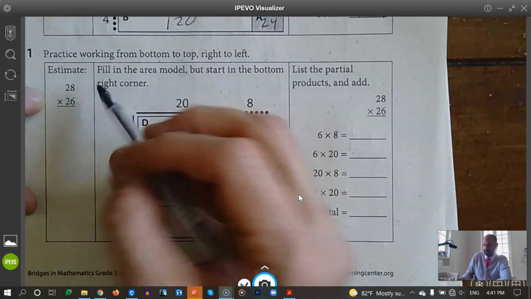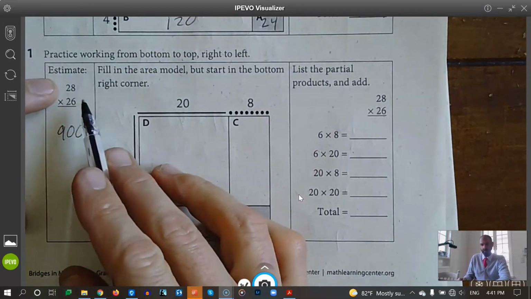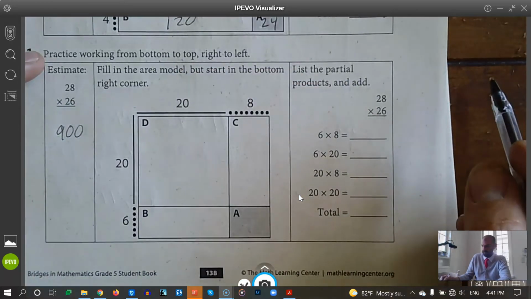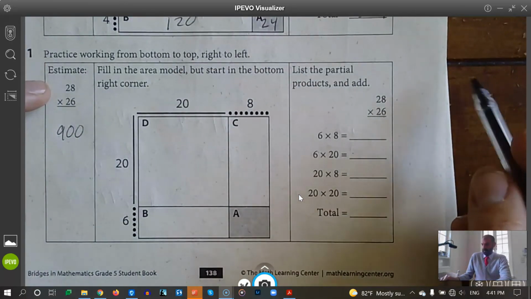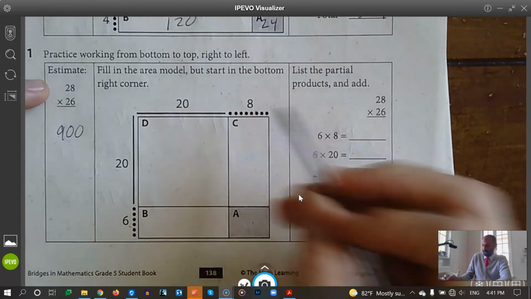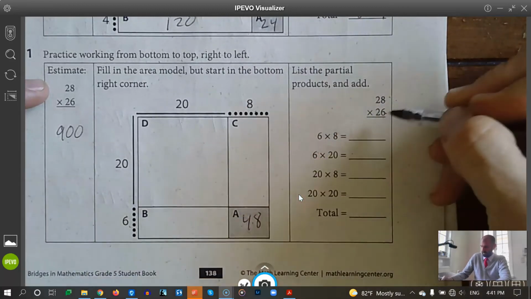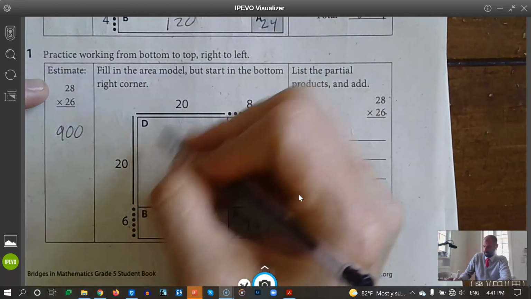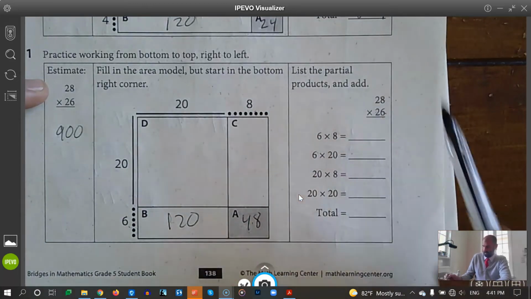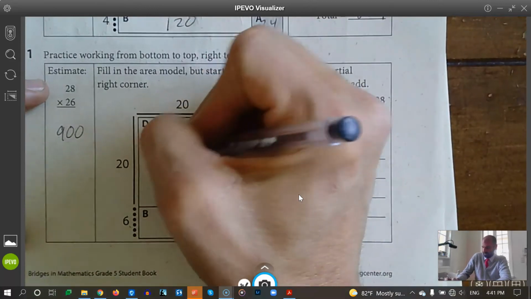So first we're going to estimate. I'm going to make this 30 times 30, which is 900. But maybe I'll go 30 times 20, which is 600. So it's going to be in between 600 and 900. Again, we want to start with A. So 6 times 8, 48. 6 times 20, 120. 20 times 8, 160. 20 times 20, 400.